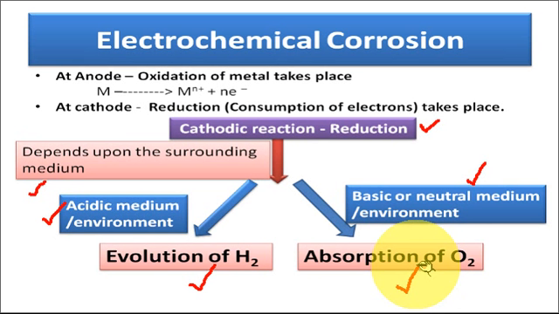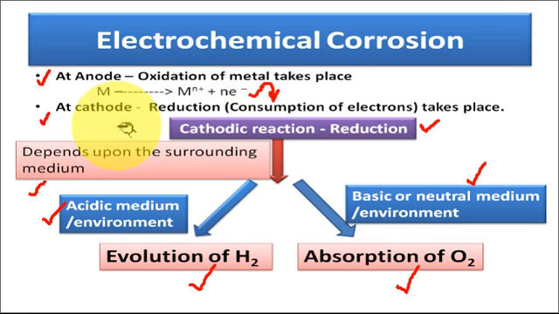So I hope it is clear to all of you now that as the metal surface becomes chemically non-uniform, there will be the formation of anodic and cathodic areas. At the anodic part, oxidation always takes place, and due to the oxidation of metal atoms, metallic cations and electrons are released. These electrons now flow towards the cathodic side.